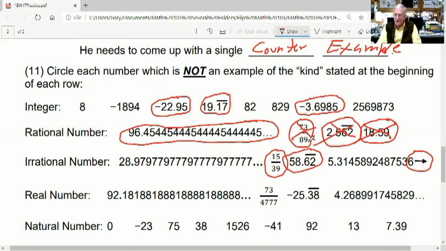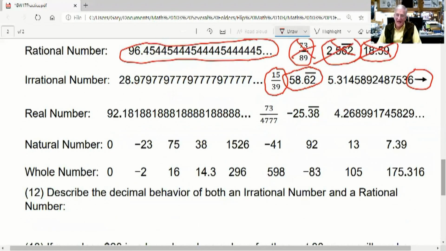Okay, circle any numbers here that aren't real. There isn't a single number there that is not real. Those are all examples of real numbers. So I wouldn't be circling anything there, okay? All right, let's go to the next one, a natural number. Remember, the natural numbers are the numbers you learn to count with, okay? We didn't learn to count with zero.